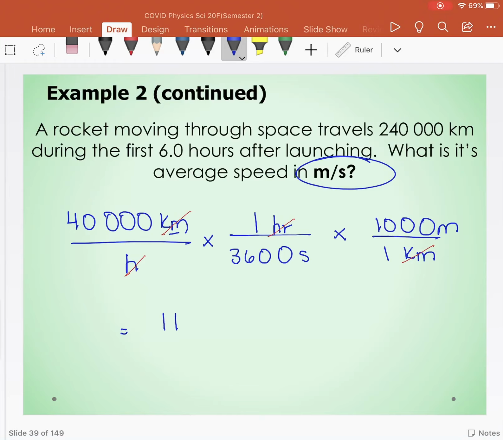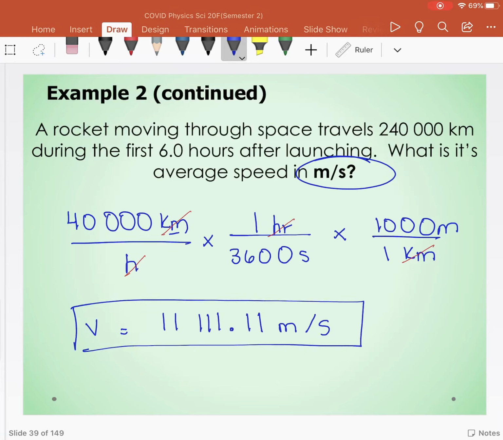And that gives me 11,111.11. That number is repeating. Meters per second. So that's just practicing conversion. Okay, that's what there is to speed.